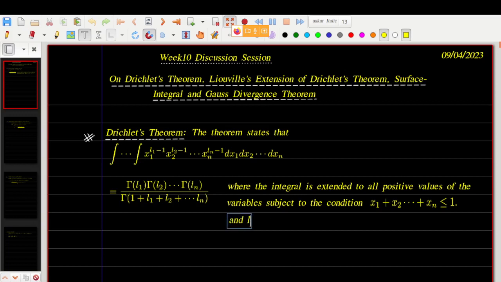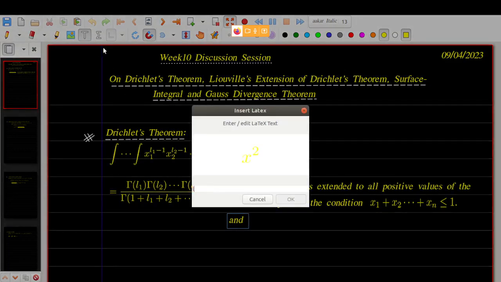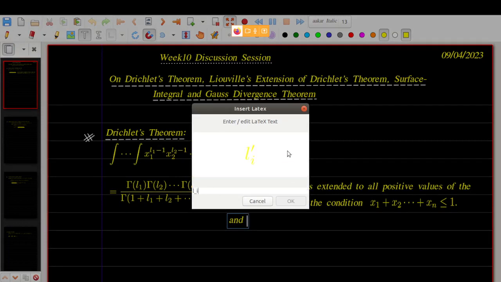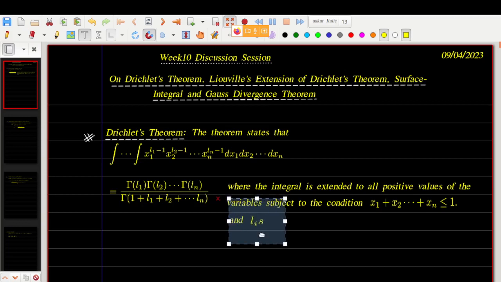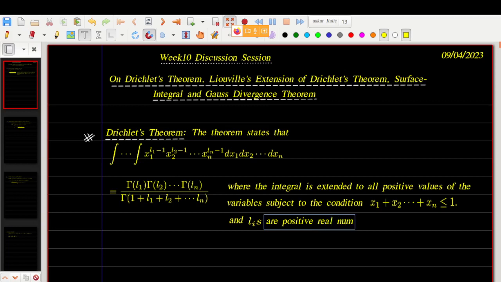The li's are positive real numbers. Now I think it is fine.